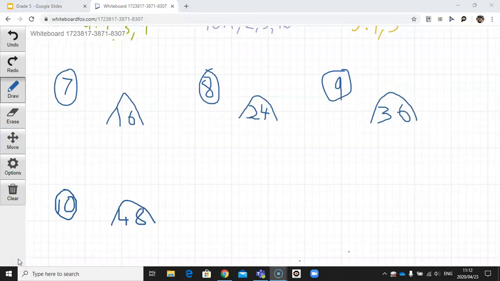Here are a couple for you to get going with. I'll give you a little while to get started, and if you need longer, you can pause it.